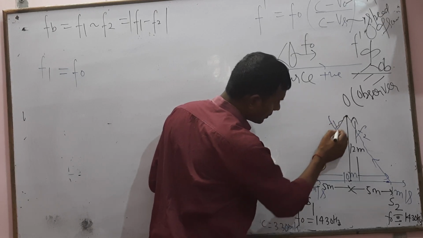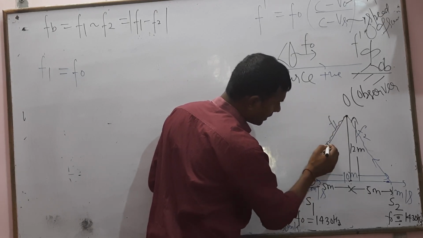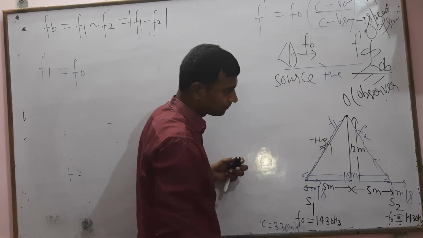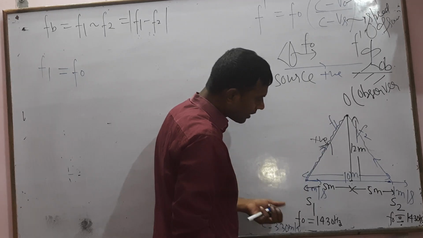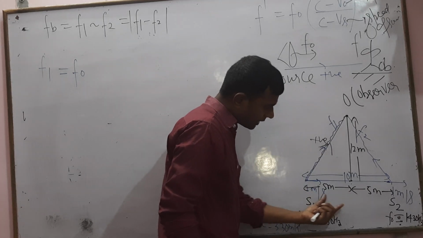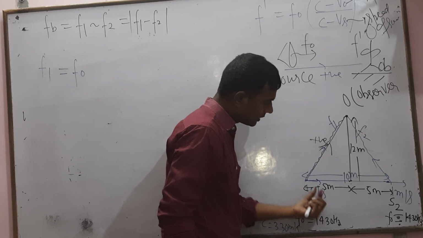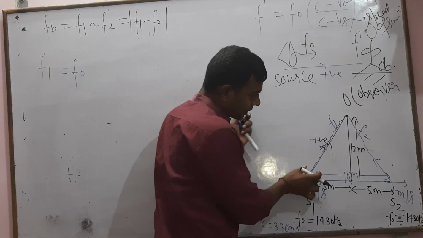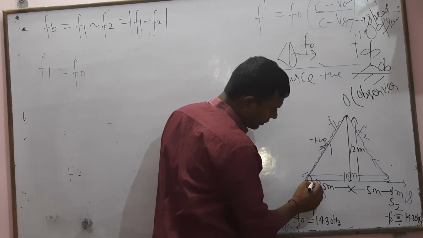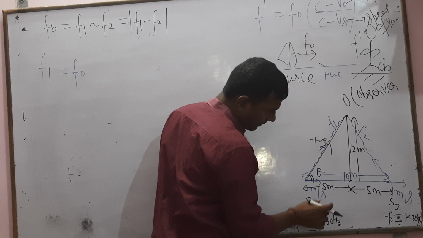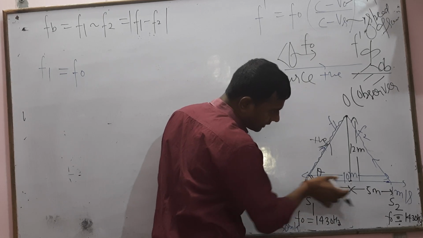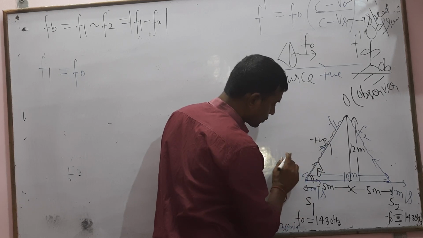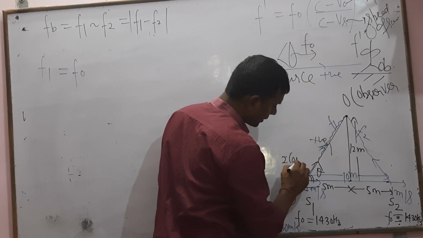Source to observer is taken as positive. The velocity is going to the right-hand side at 2 meters per second, but we need the component along this direction. Let this angle be theta. If the velocity is 2 meters per second to the right, the component along source to observer is 2 cos theta.